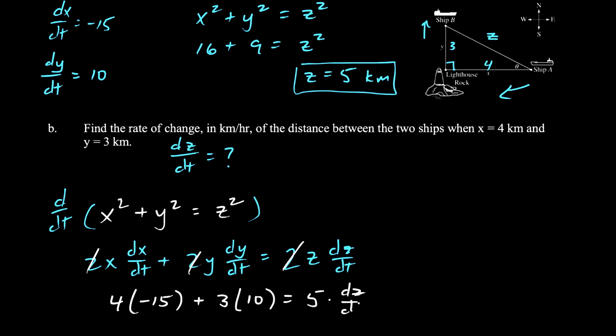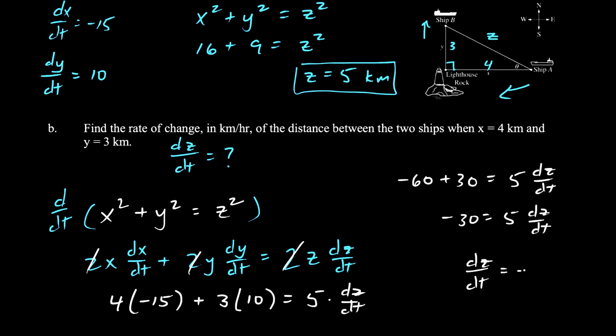And simplifying that, we get negative 60 plus 30 equals 5 dz/dt. So negative 30 equals 5 dz/dt. So we have dz/dt equal to negative 6. And again, that's going to be kilometers per hour.